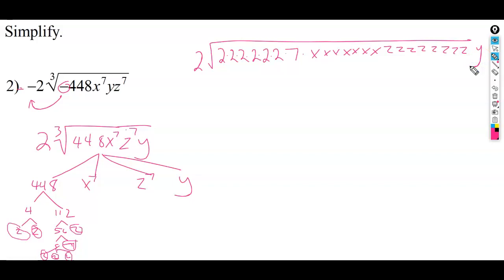Alright, and once again we're dealing with a cube root, so I'm going to put a 3 here. And that means I'm looking for groups of 3 things that match. So here we have 3 2's. For every group of 3 we can put one on the outside. Here's another group of 3. 3 x's there, so I can put an x on the outside. Another group of 3 x's, so I can put another x on the outside.